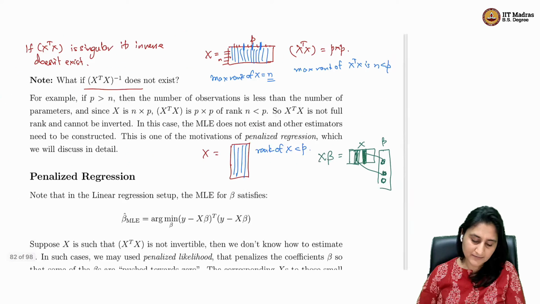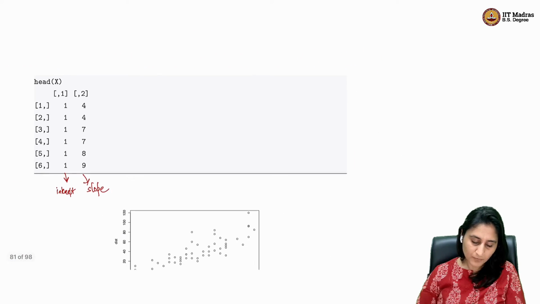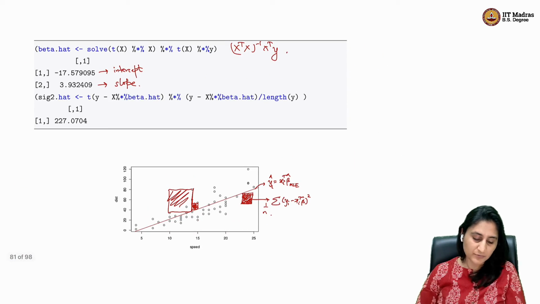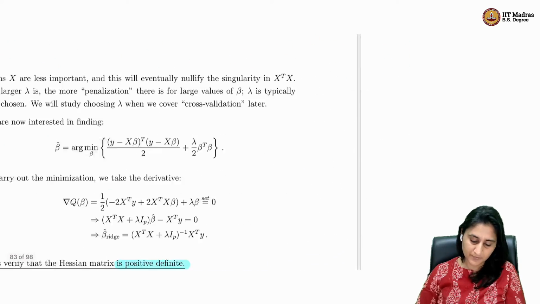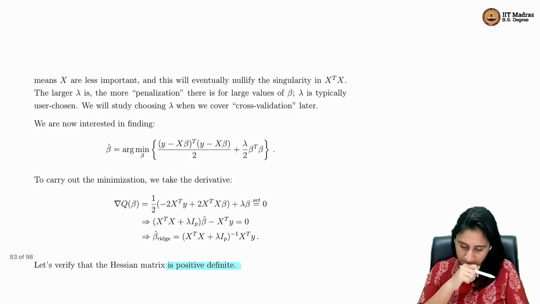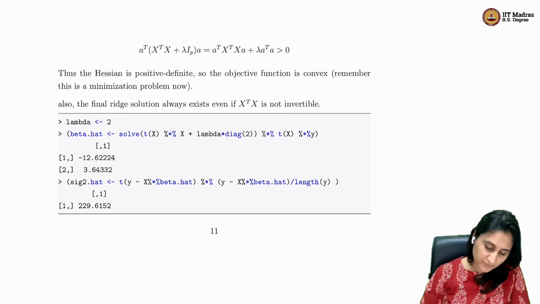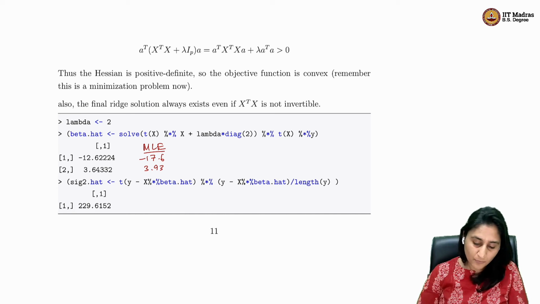Now let's take a second to see what the estimate was here. In the MLE estimates, it was minus 17.6 and 3.93. Notice that both of these numbers are now closer to 0.